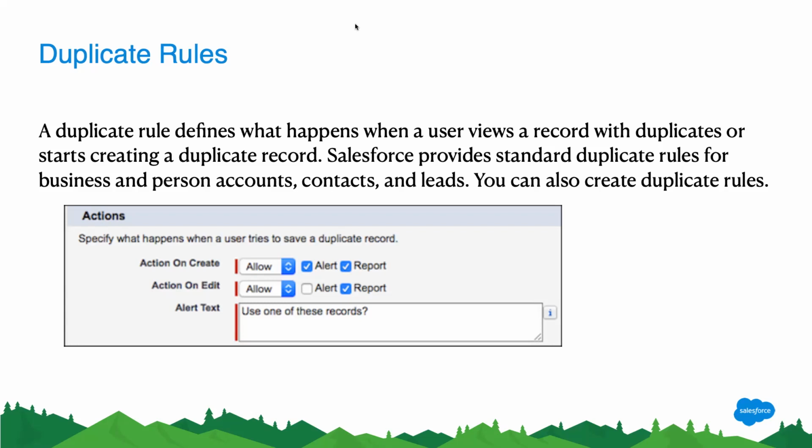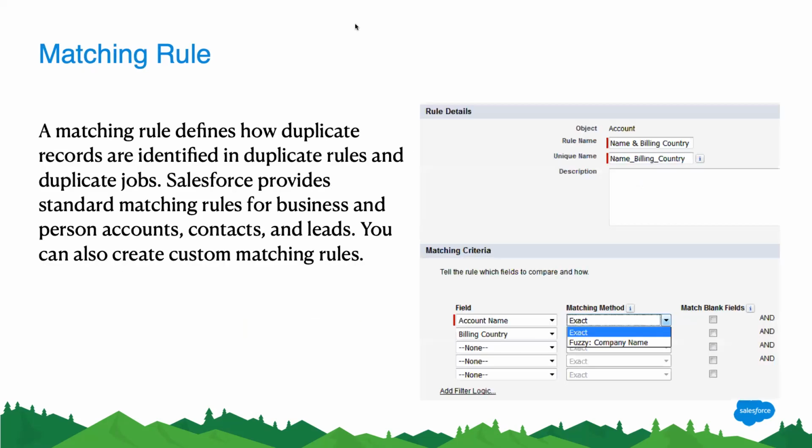So let's go to the duplicate rules. How is the system detecting that this contact is a duplicate contact? This is very important. There are multiple ways we can detect a duplicate. We can't do it by name only, right?